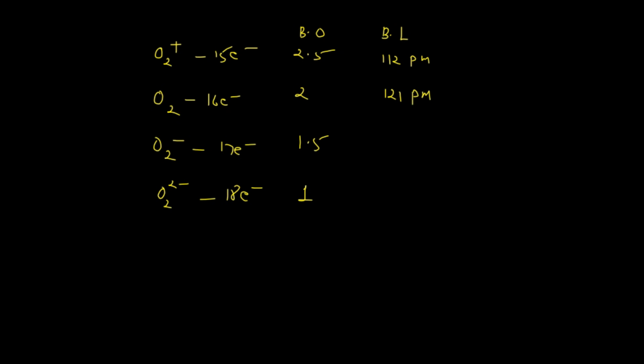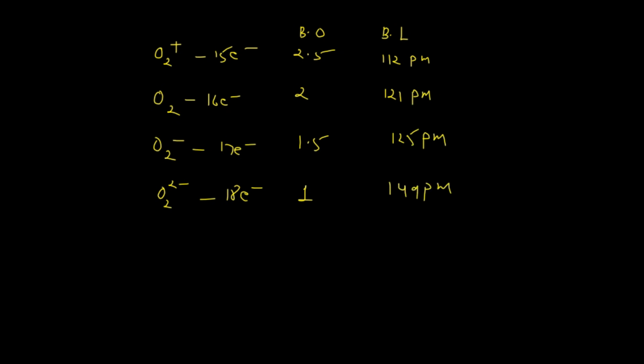Now you can see from oxygen to the superoxide your bond order has decreased. That means bond length will further increase, and for this superoxide ion it is 125 picometer, and for your peroxide the lowest bond order is achieved, which is 1. So its bond length must be on the highest side, so it is 149 picometer.